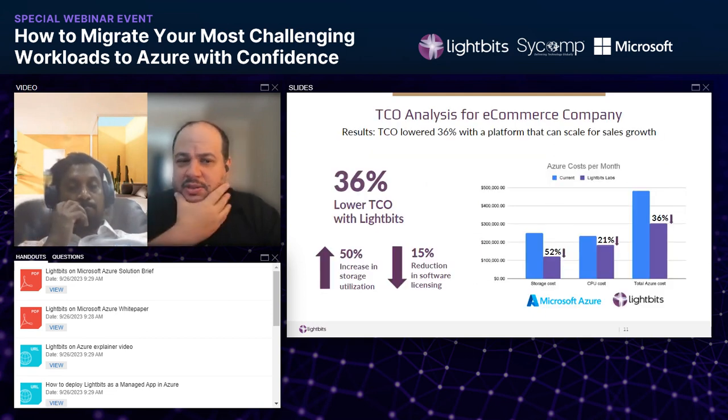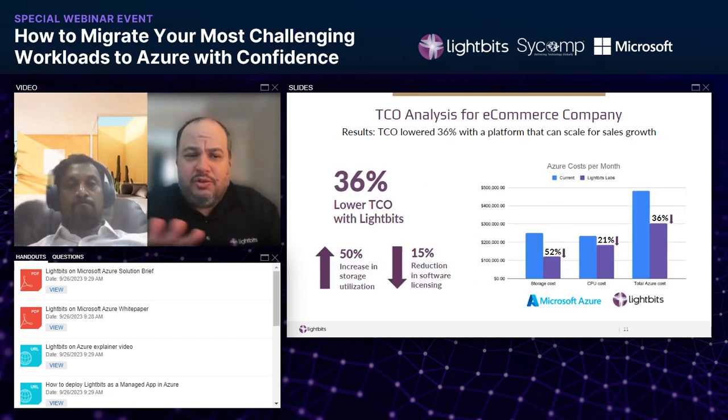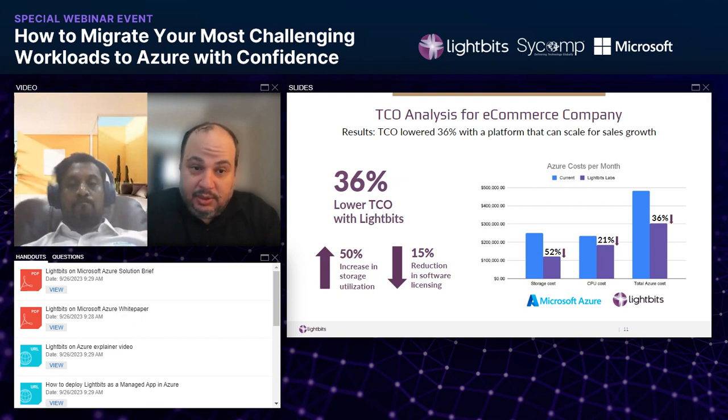Now, I also would like to discuss with you and be much more conservative, not just talk about the best case scenarios for Lightbits, but talk about cloud storage in general. We did a TCO analysis for one of our e-commerce customers that is running fully on Azure, and we looked at the spectrum of all the applications they are running today. Not just the most storage heavy applications, but also those that are lightweight from the storage perspective.